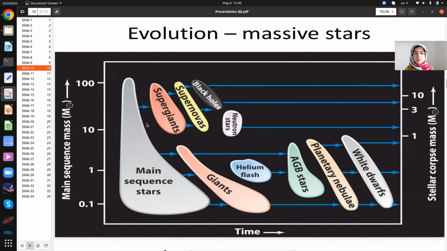For high mass stars, we have main sequence, and then giant, and then supergiants and supernova, black hole, neutron star. And these are for stars more than 2.5 solar masses.